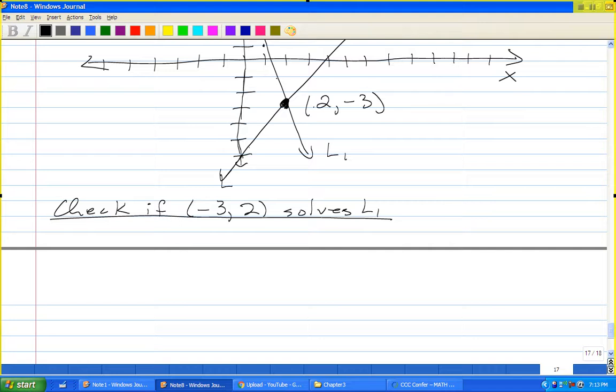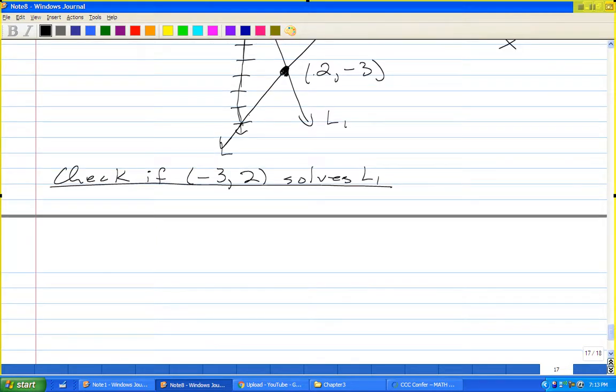X is positive. I wrote it completely wrong. No wonder. Let's check if 2, negative 3 solves L1.